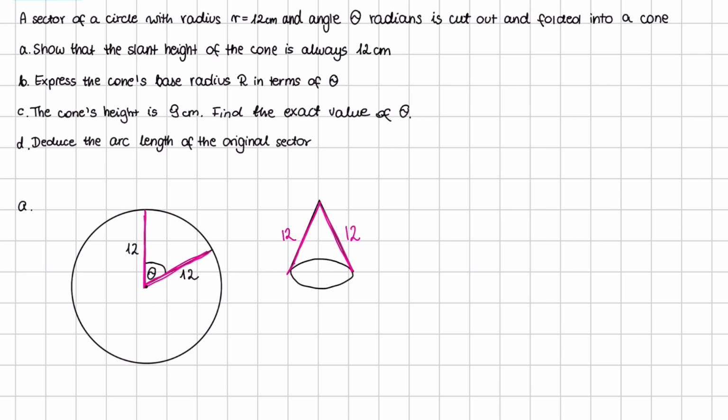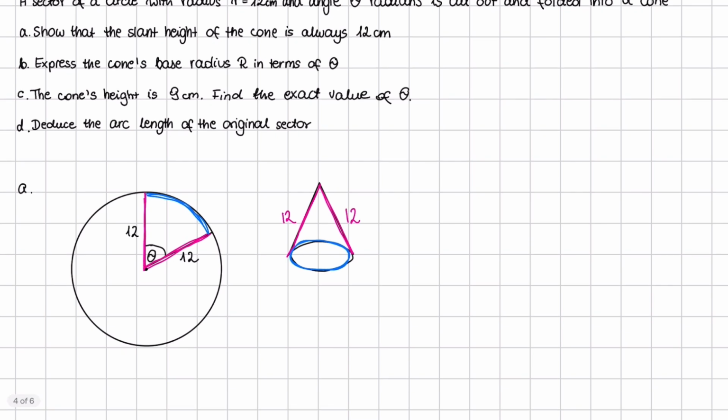And let's use another color. This length forms this circle. So they are all the same length. So we showed that the slant height of the cone is always 12 centimeters.